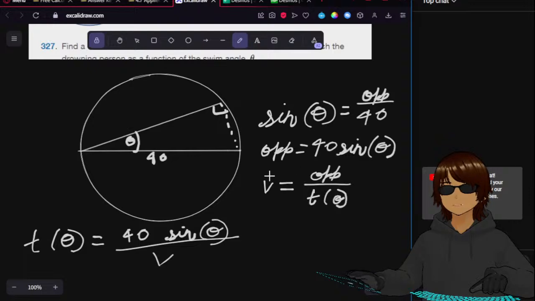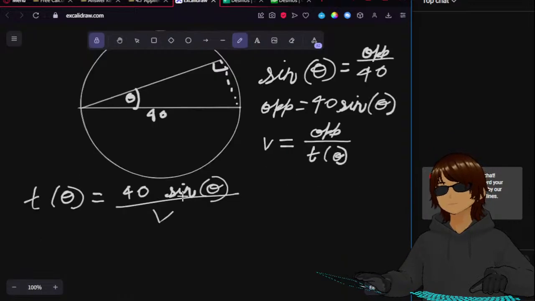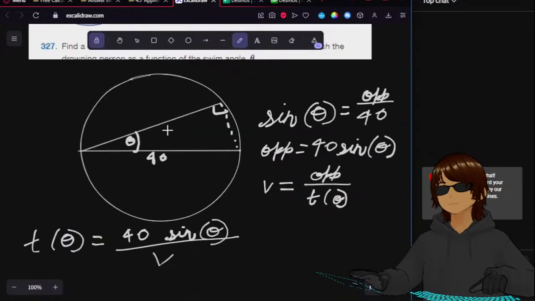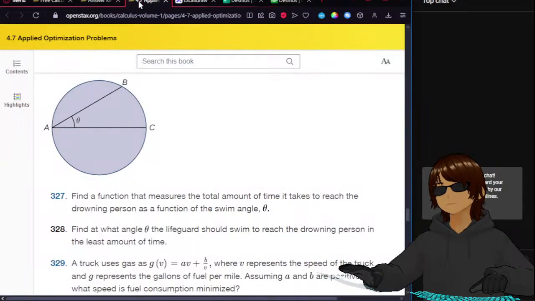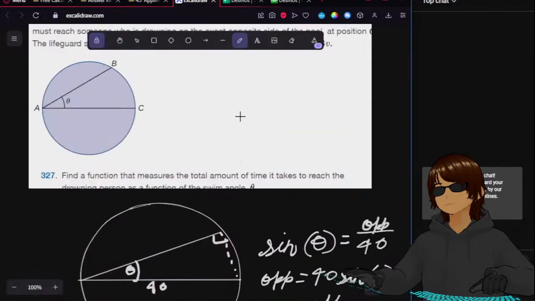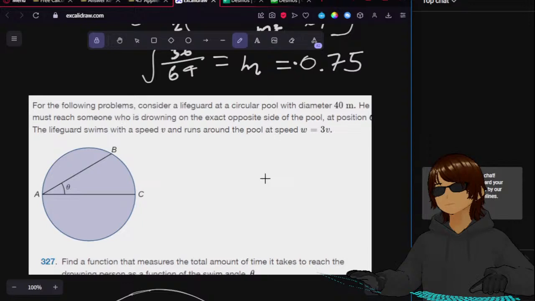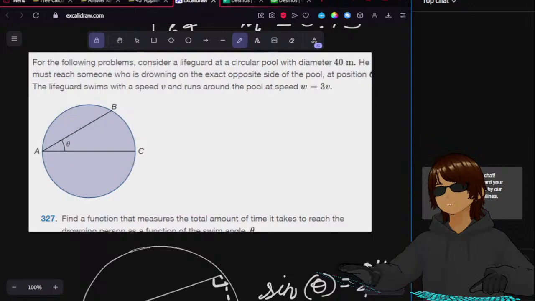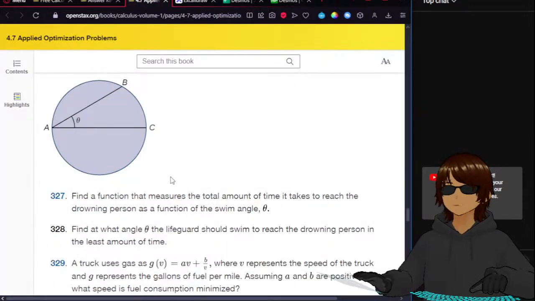So basically, if I bring the opposite to the other side, it's 40 sine theta divided by V. That's the time it would take to swim to position C. Is that what they're asking? That's not what they're asking. Find a function that measures the total amount of time it takes to reach the drowning person.